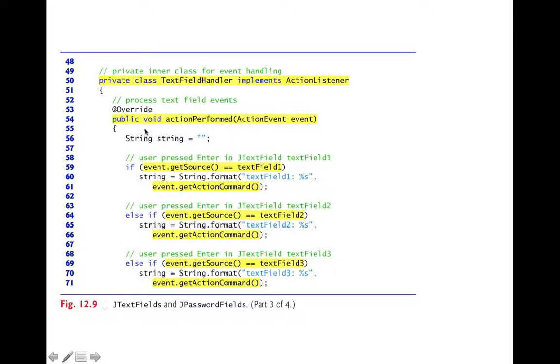And I must override the action performed, whatever the action is. And if you notice, it says set string to blah, process text field events. The user pressed enter. What do I do if the event.getSource is equal to the text field? And then I'm going to set my string to whatever my text field is.